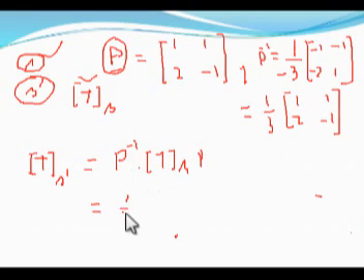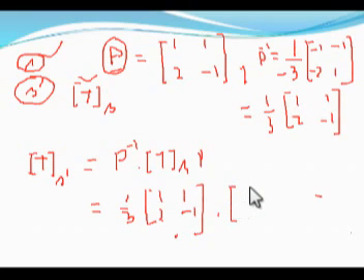1 by 3 times the matrix 1, 2, 1, minus 1. This relative matrix I have found out. I am writing it again: 0, minus 1, 1, 0.